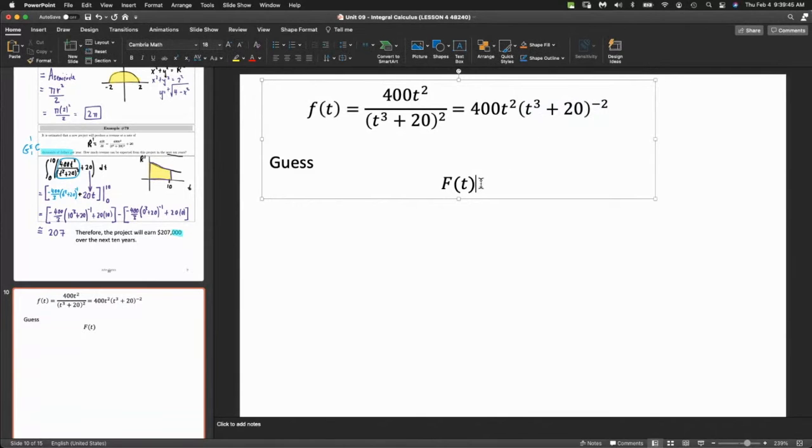So if we guess it here, we're going to just take this thing here and raise the exponent by 1. So that would equal t cubed plus 20 to the negative 1. I'll put a c there, although we don't really need the c for definite integrals. So that's our guess. And now we're going to check by finding the derivative.